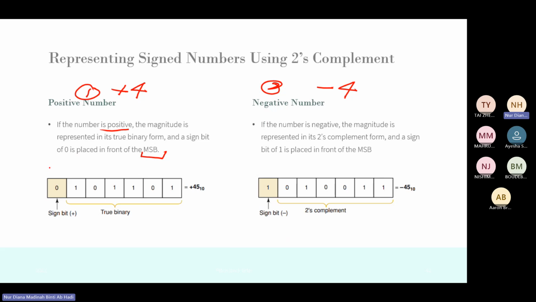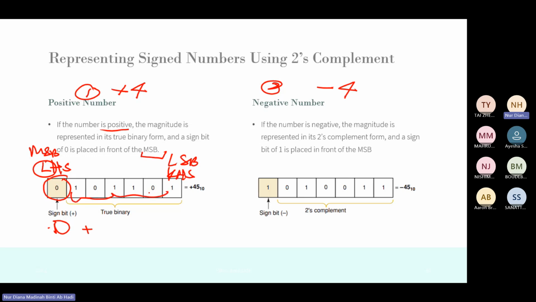The most significant bit is usually on your left hand side. If we put it on the right hand side, it would be your least significant bit. So if they put a 0 in front, it means that your value is positive. So the true binary starts from here. So far, do you have any questions?